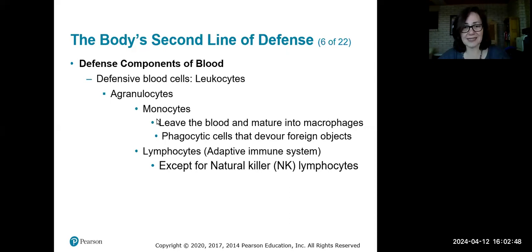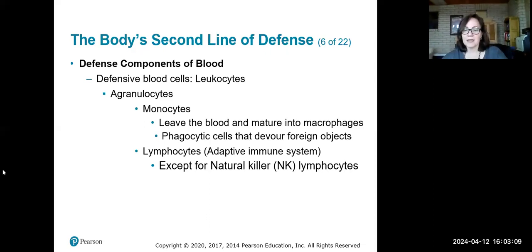And just in passing, I'm going to mention again that the lymphocytes, the other one of the agranulocytes, are mostly involved in the adaptive immune system, and we're going to see what they do in chapter 16. But there is a small selection of lymphocytes that develop into the natural killer cells.